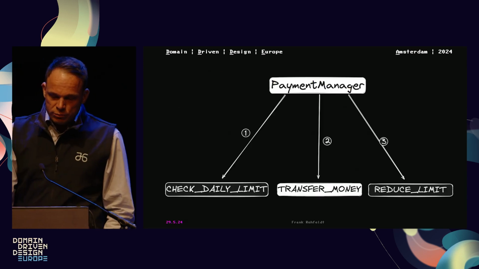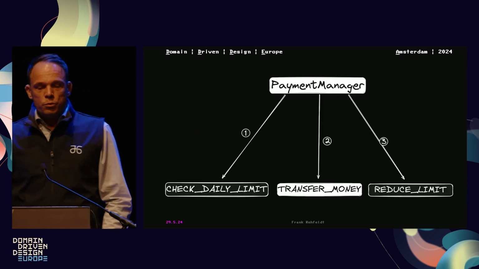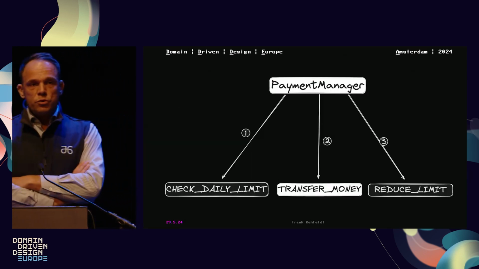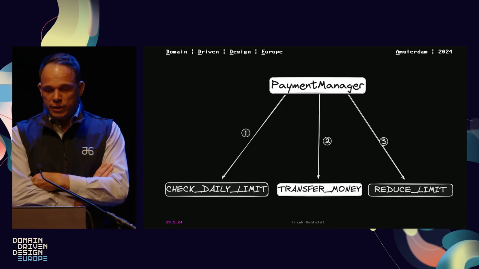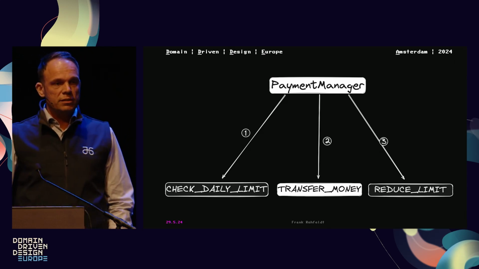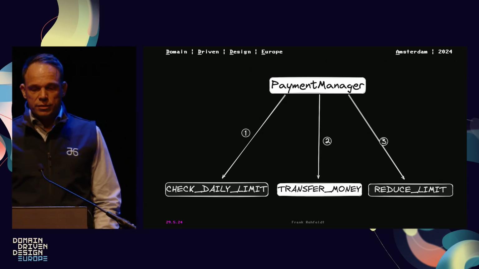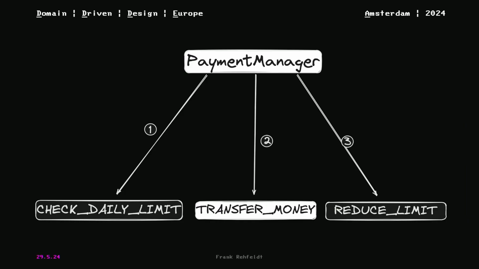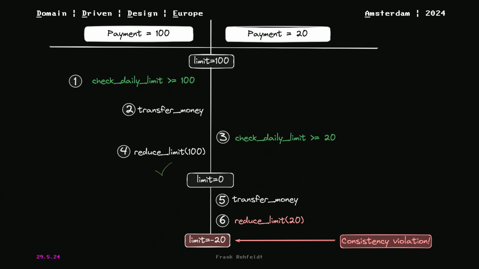So, now let's see what would happen if we take a naive approach and introduce a component payment manager that first checks the daily limit, then transfers the money, and afterwards reduces the limit. So let's make an example. The first transaction wants to transfer 100 euros, and the transaction starts and checks if the daily limit is sufficient.